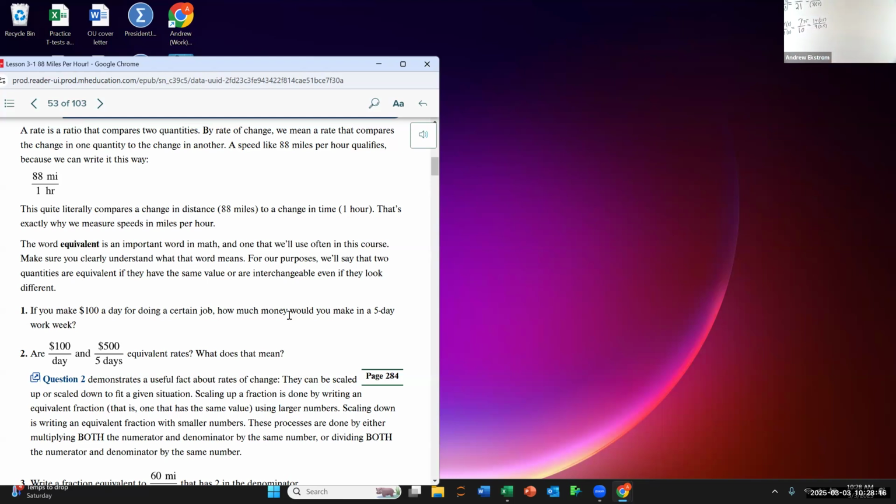So here's where we use a little bit with all the rates and everything that we're going to be talking about in here. We're going to be using that dimensional analysis thing. And we're told here that you make $100 per day. And we're asked if you work for 5 days, how much money are you going to make?